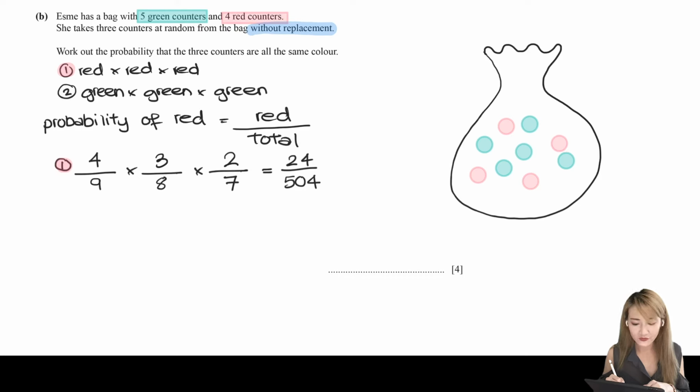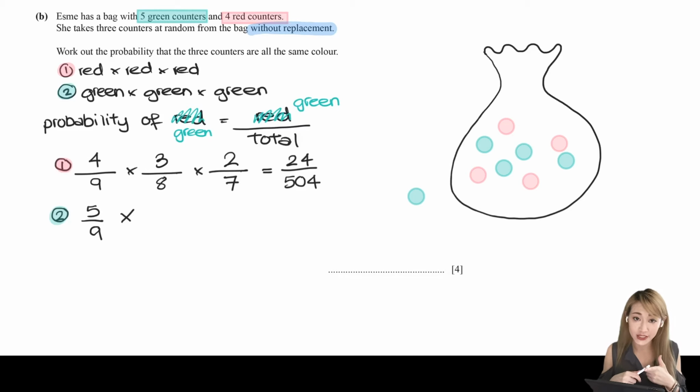the probability of getting a green counter can be calculated in the same way. The probability of getting a green counter would be the number of green counters over the total number of counters. So the probability of getting a green counter would be 5 over a total of 9 counters. And then after you take out one green counter, there will be 4 left, so that the probability of taking the green counter for the second time would be 4 over 8.